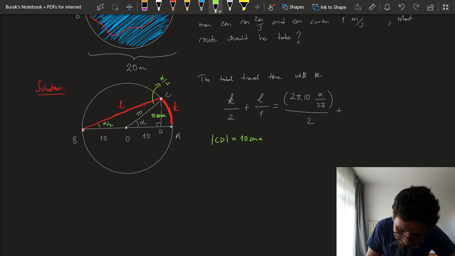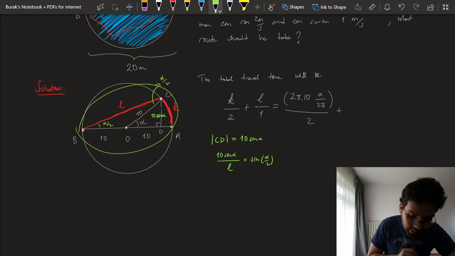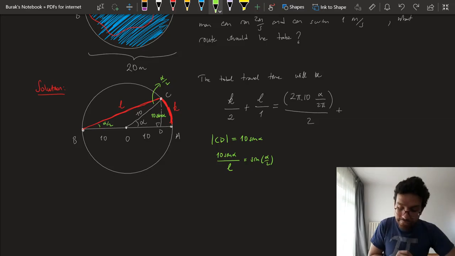But I also have that this length divided by L is sine of alpha over 2. If you just look at this big right triangle, CD divided by L is sine of alpha over 2.